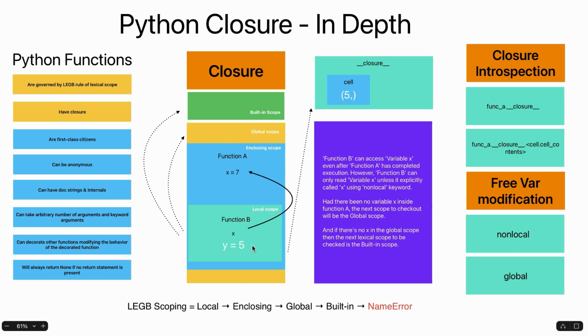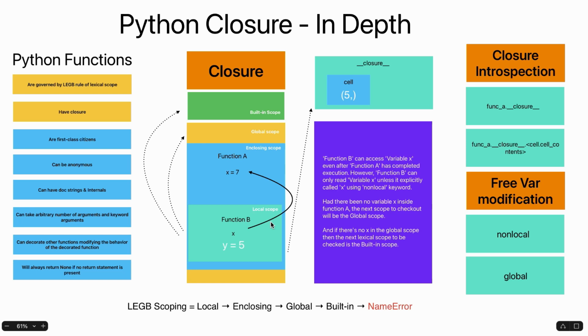However, function b still remembers the value of x to be 7. That scenario of function b remembering the value 7, even though the enclosing function is done and dusted, is called closure.